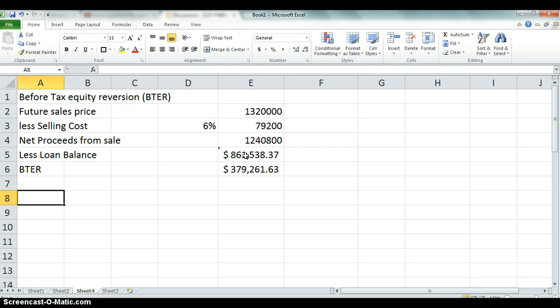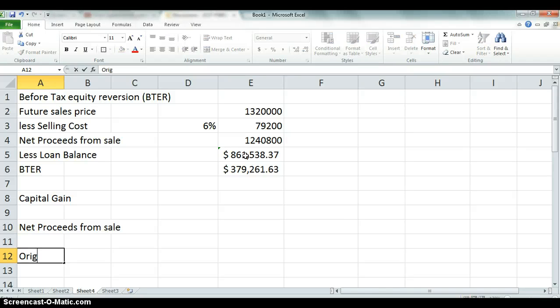Now we're going to continue to calculate capital gain. For capital gain, we will need our net proceeds from sale, which we have already calculated. Then we will need our original basis, which is our acquisition price.